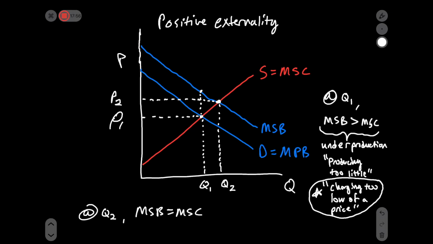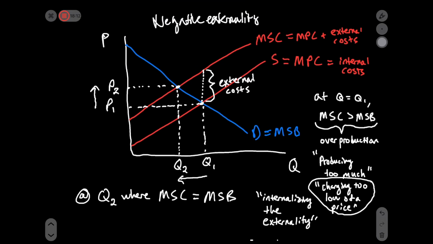So in this case, we would like to be at Q2 and P2, but right now in the market, there is a deadweight loss due to this positive externality. In the previous example, we have a deadweight loss up here.